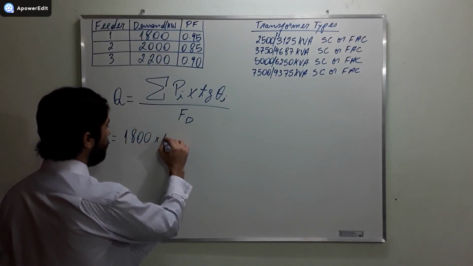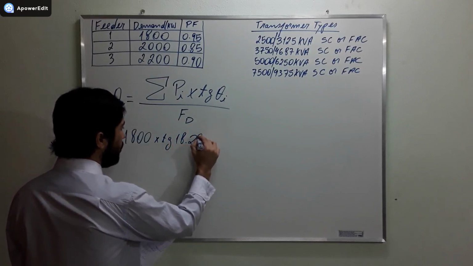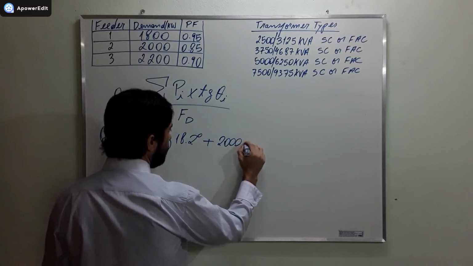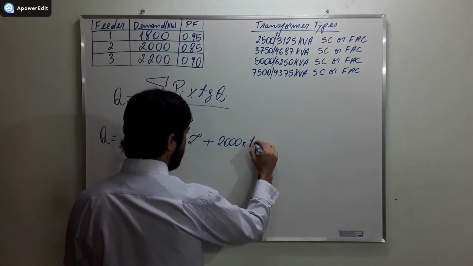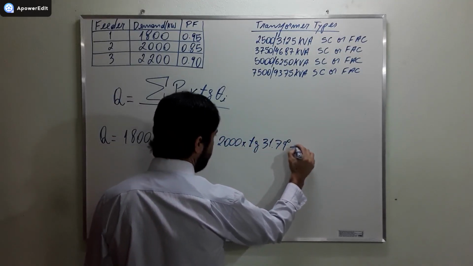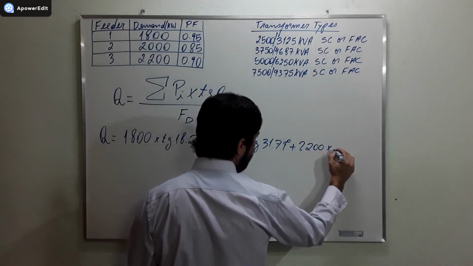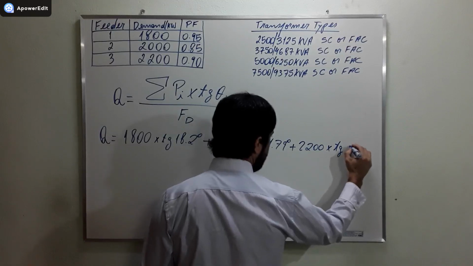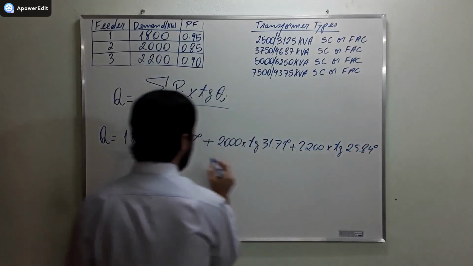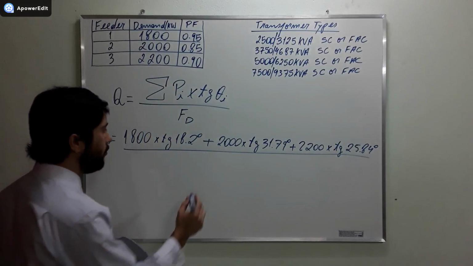And then we find that Q will be equal to 1800 times the tangent of the first angle, 18.2 degrees, plus 2000 times the tangent of the second angle, which is 31.79 degrees, plus 2200 times the tangent of the third angle, 25.84 degrees, and this all has to be divided by 1.15.